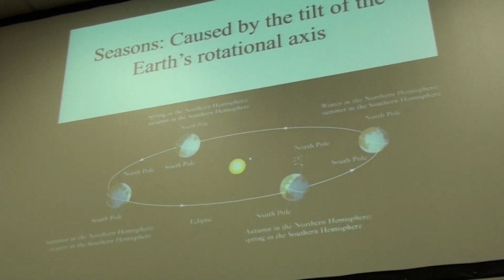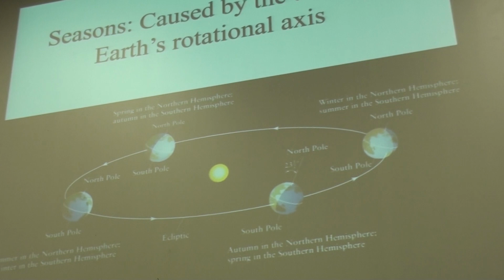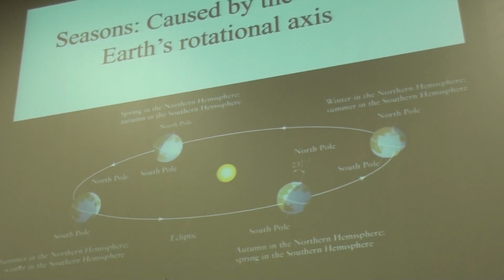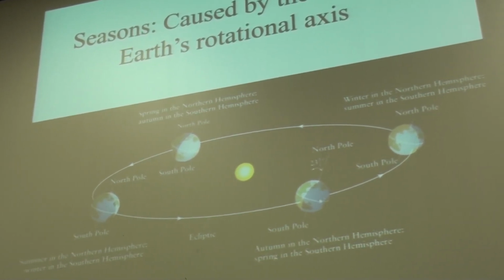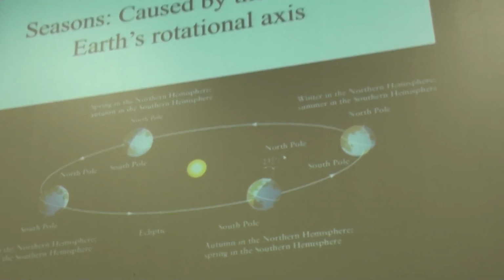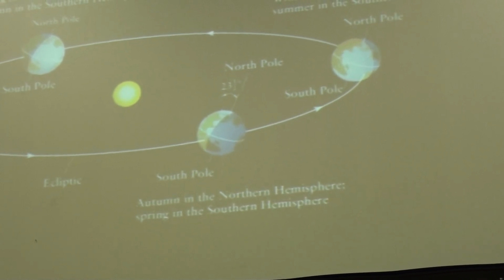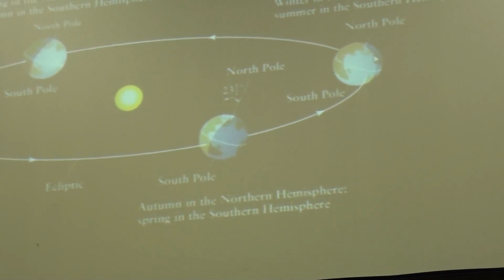And so here then is a picture showing a little bit of perspective on all of these different variations that I discussed. When the Earth's axis is leaning toward the sun, summer in the northern hemisphere, winter in the southern hemisphere. When it's sideways, in other words, it's not leaning toward or away from the sun, it must do that because here it's leaning toward the sun, here, 6 months later, it's leaning away from the sun. So there must be a point where it's sideways with respect to the sun.